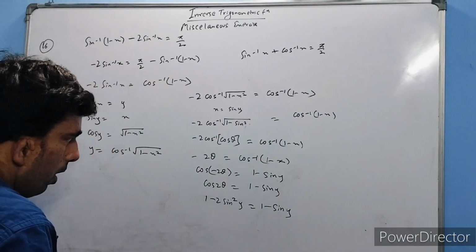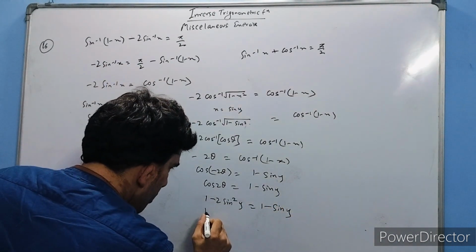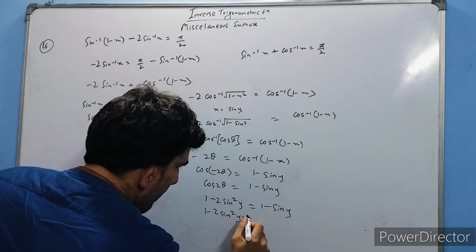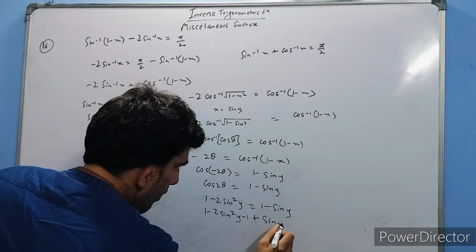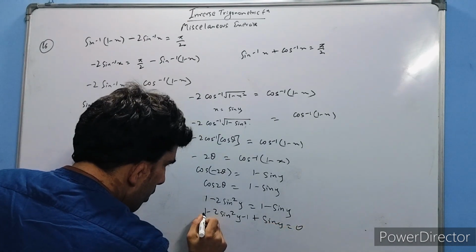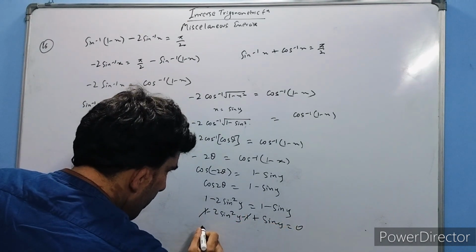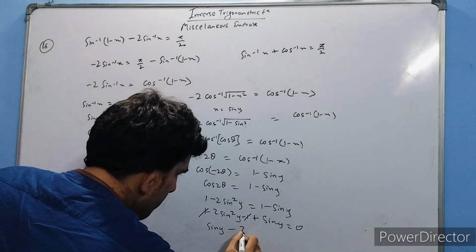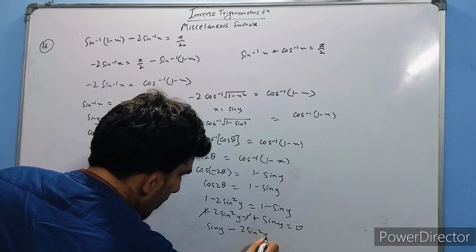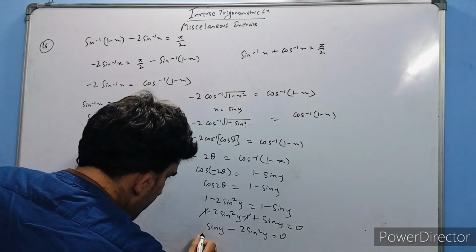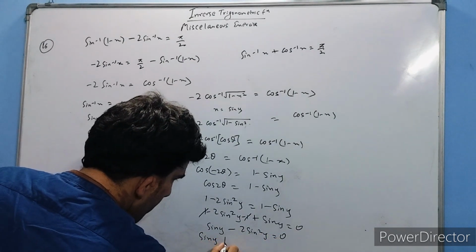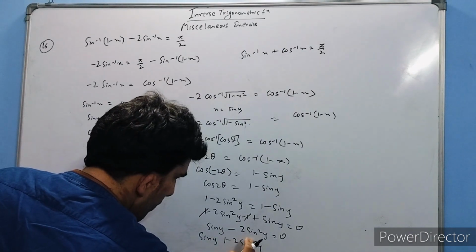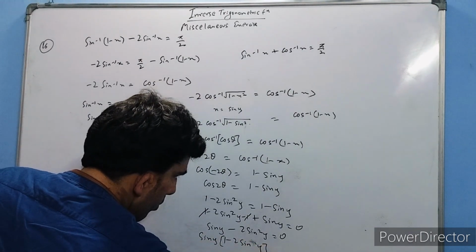Okay, so now if I take this, I get 1 minus 2 sin square y minus 1 plus sin y is equal to 0. So now I get sin y minus 2 sin square y is equal to 0, or I can take sin y common, so I will have sin y times 1 minus 2 sin y is equal to 0.